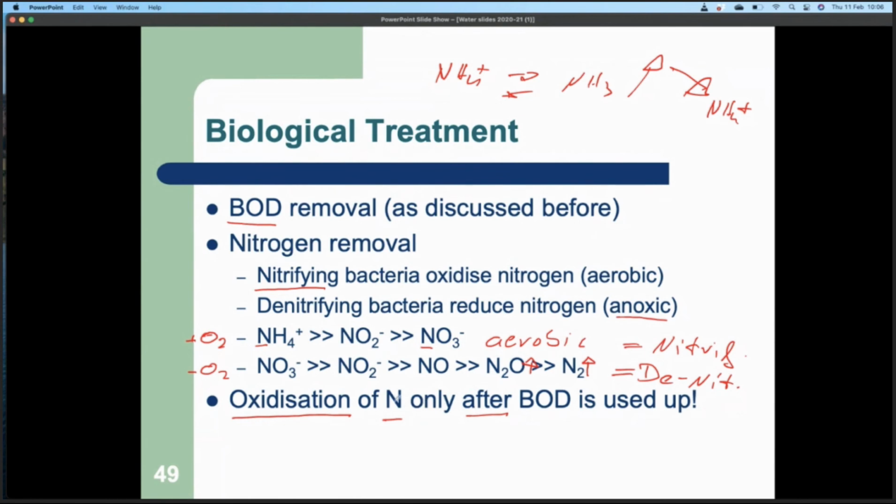And that means that nitrification happens only after all BOD is used up. So you really need to have quite complete BOD removal before you get nitrification.